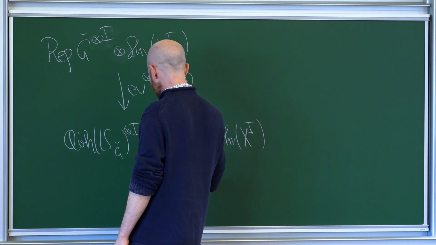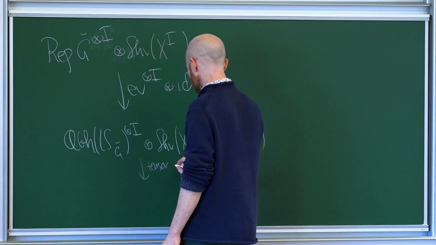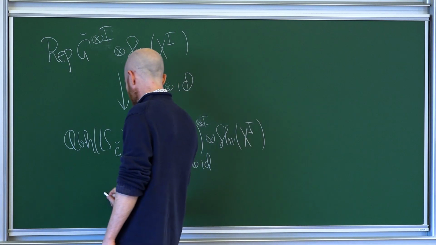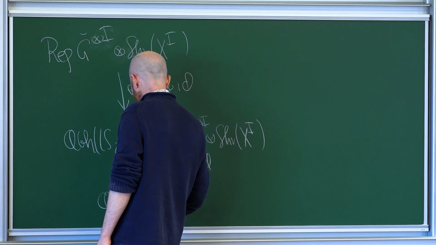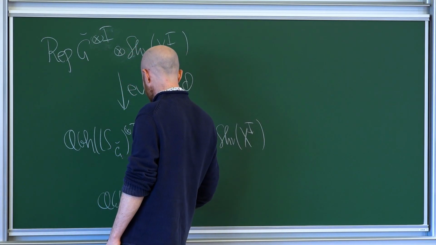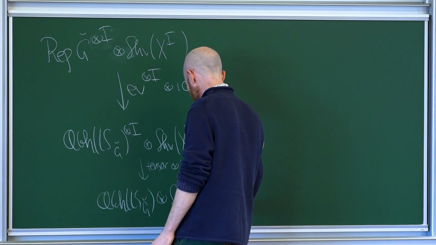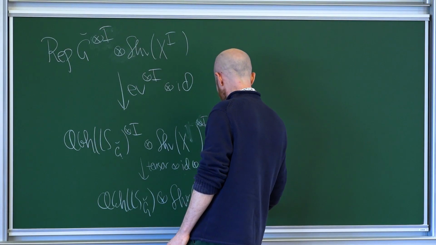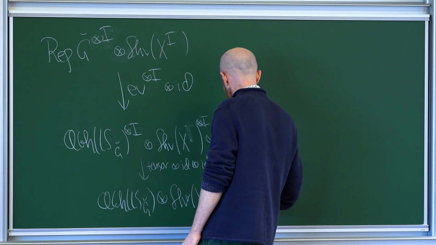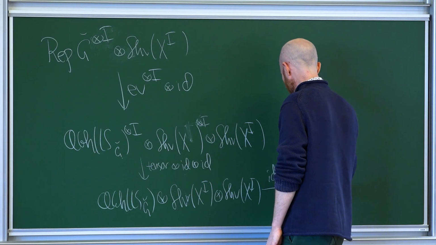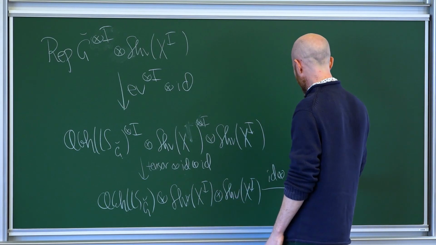Now I'll tensor along the first factor to get down to a single copy of QCoh of LocSys G-check tensored with these sheaves on X^I. Then I'll do the identity, and here I'm going to pair these.